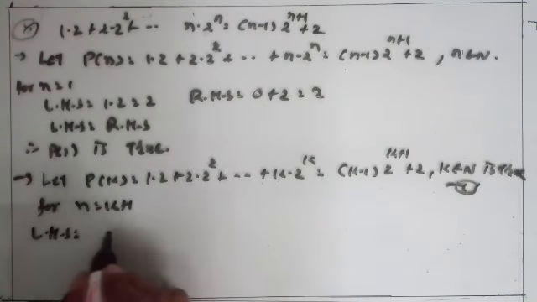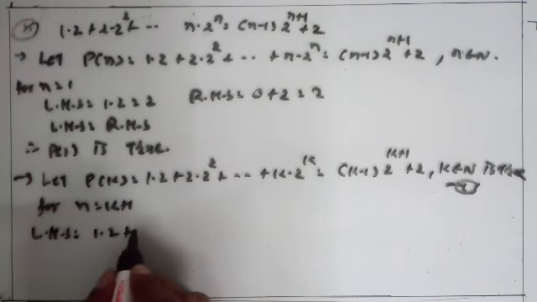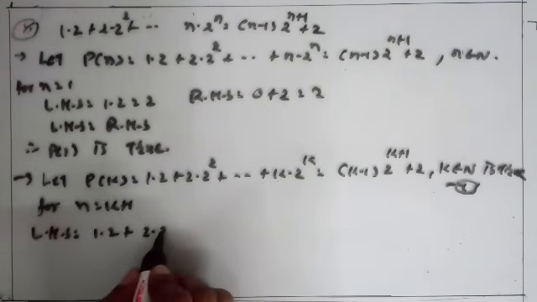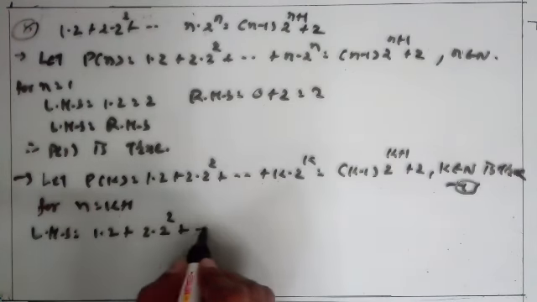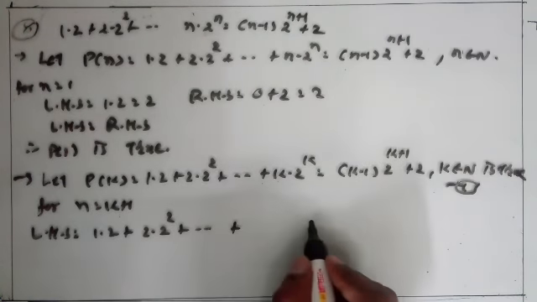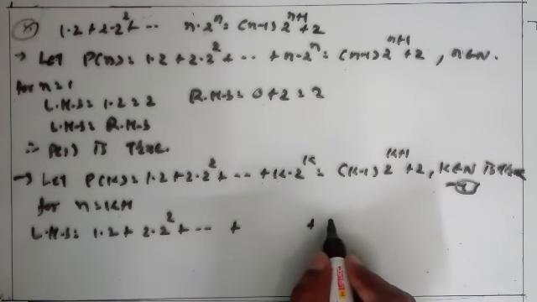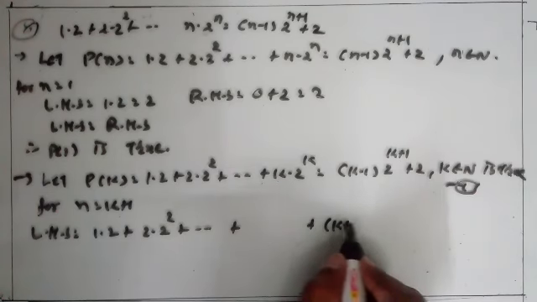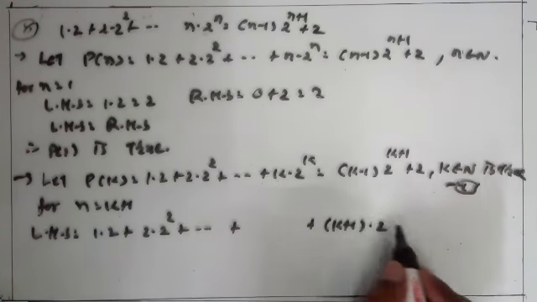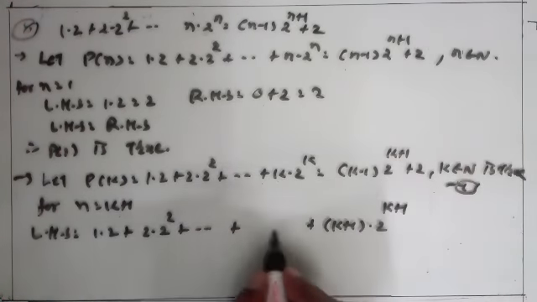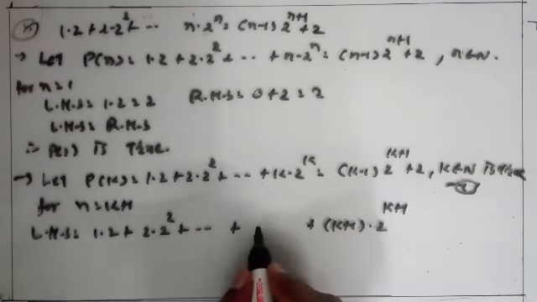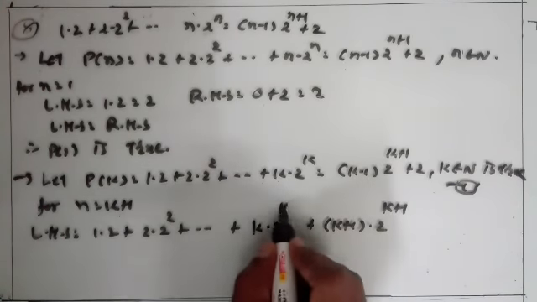LHS is equal to 1 into 2 plus 2 into 2 square plus up to plus last term is for k plus 1 into 2 raised to k plus 1, and its previous terms, that is the second last term, is k into 2 raised to k.